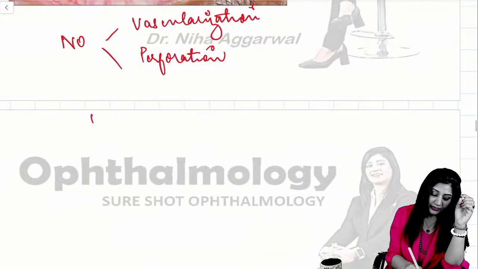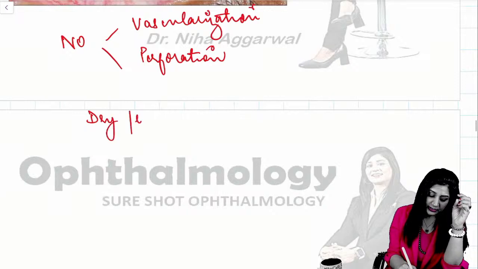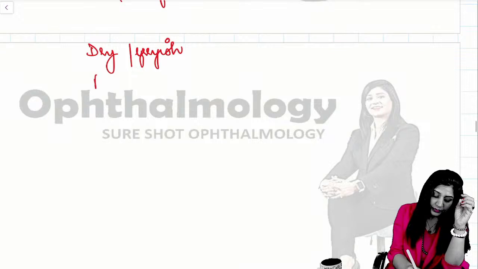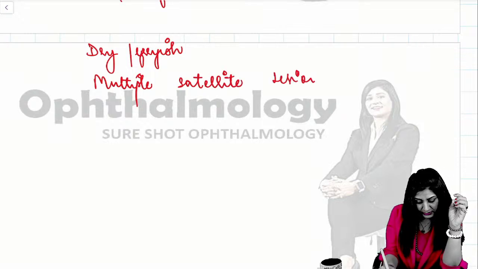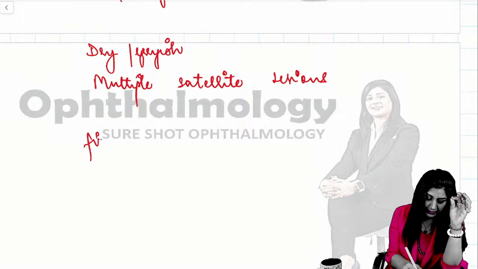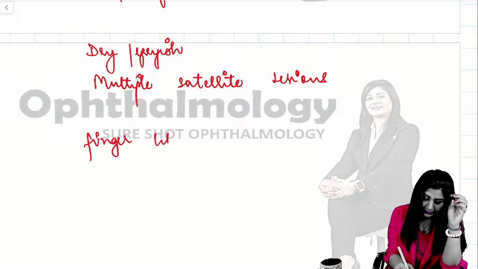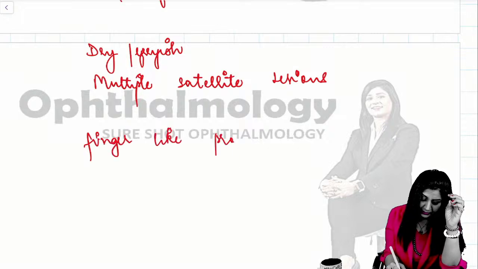Here you will have a dry looking ulcer, a grayish ulcer with multiple satellite lesions, and very, very typical finger-like projections are there.